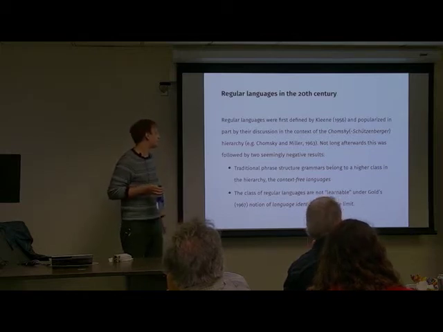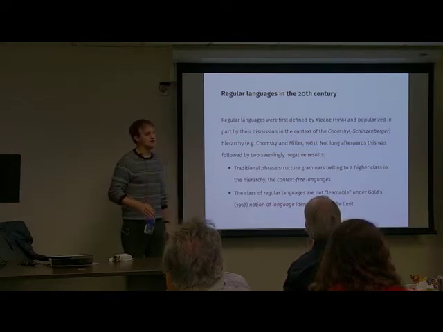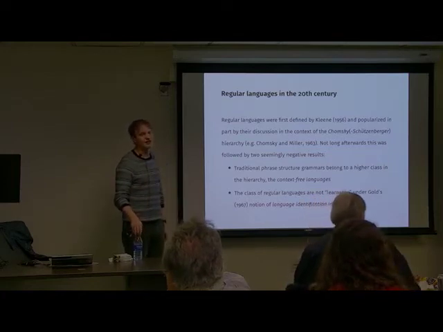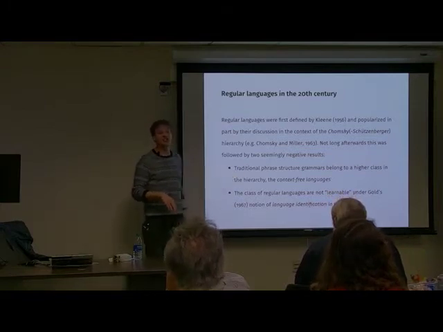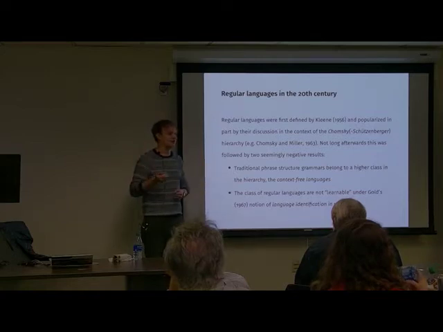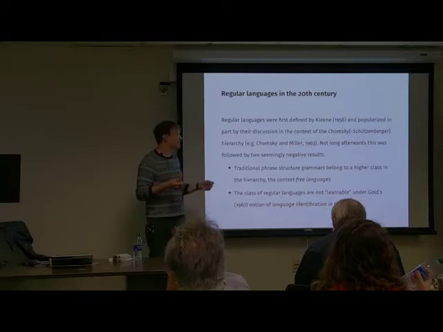The first one is an observation made first informally and then several times formally later on, that what we might call traditional phrase structure grammars, the ones that people had been using up until the point where transformational grammar emerged, belong to a higher class of languages, the so-called context-free languages.